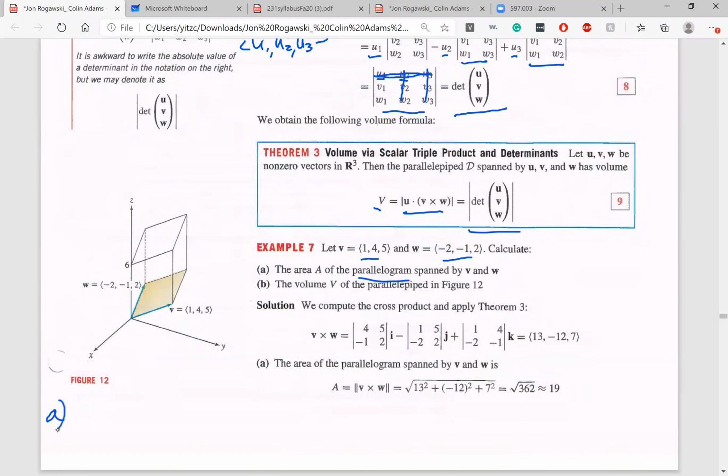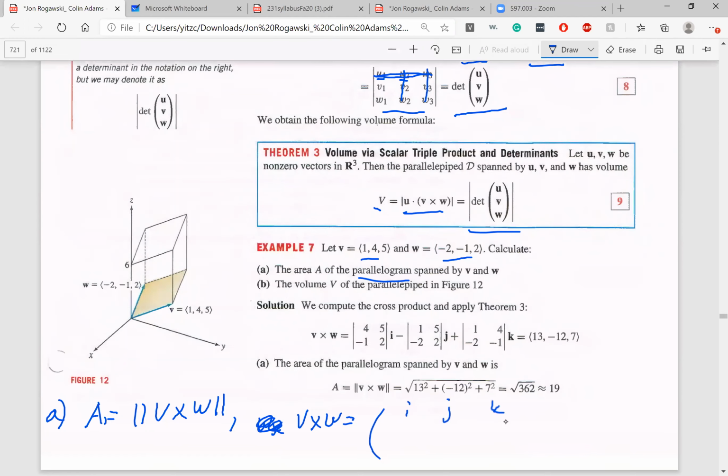For A, the area of this parallelogram, A1, is going to be equal to the magnitude of v cross w. So now v cross w is going to be equal to the determinant with rows i, j, k, then 1, 4, 5, then -2, -1, 2.